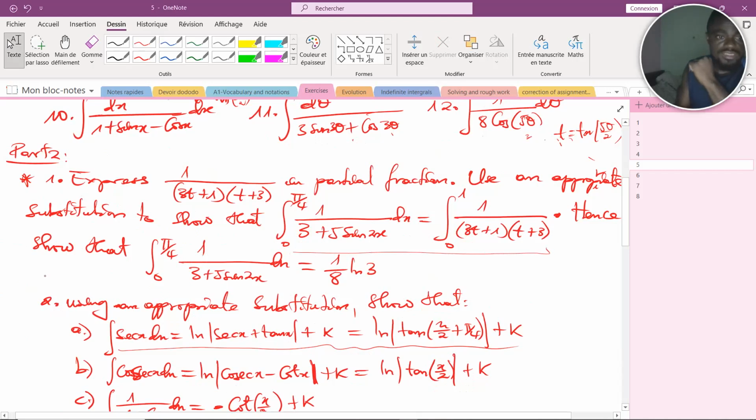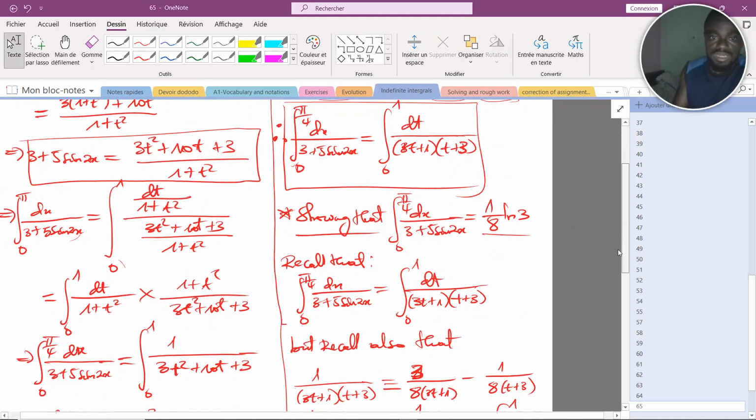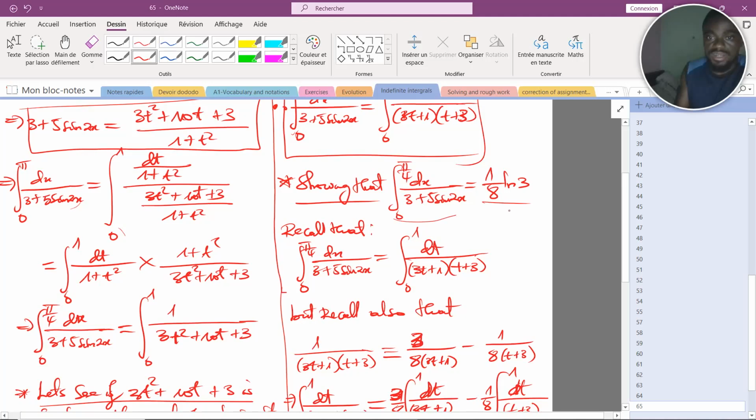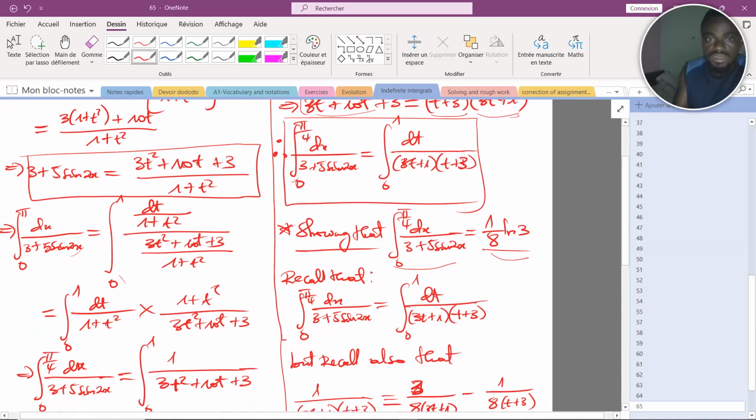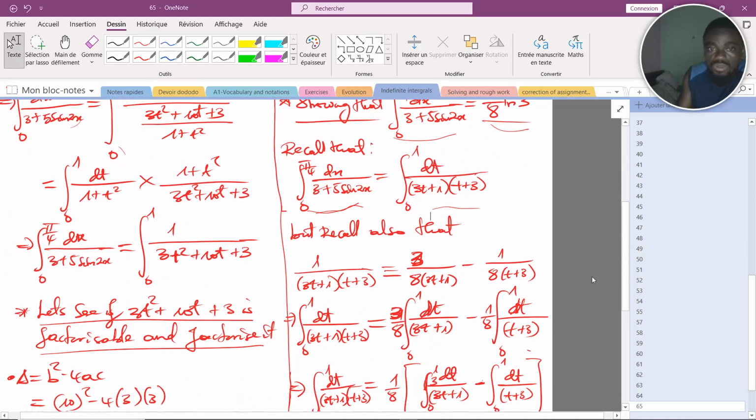Now, they are asking us to show that the integral of this is equal to 1 on 8 ln 3. Let me go back. So the last question, we are to show that this integral is equal to this. Recall that we previously showed that this integral was equal to this. Is that okay? And recall also that we had already expressed this in partial fractions.